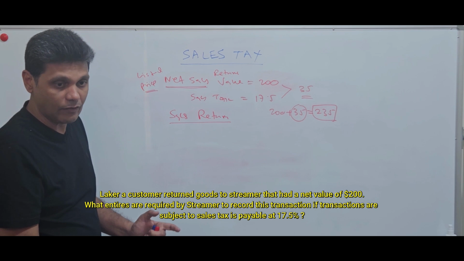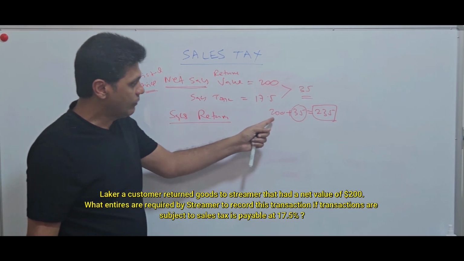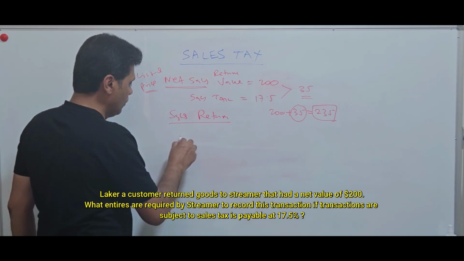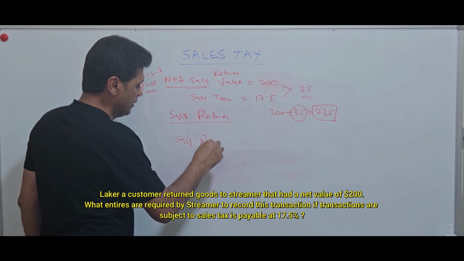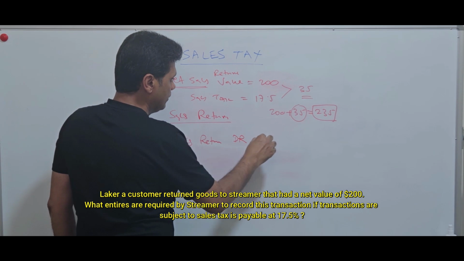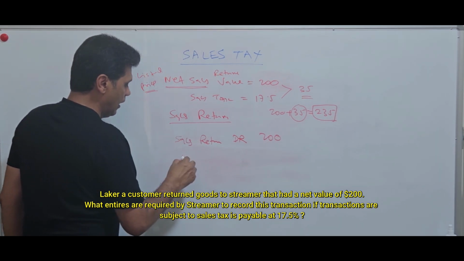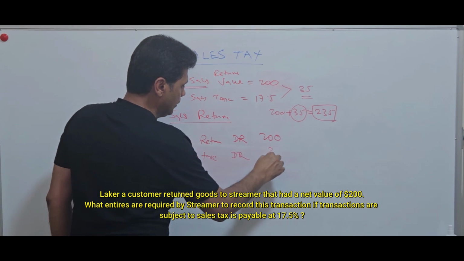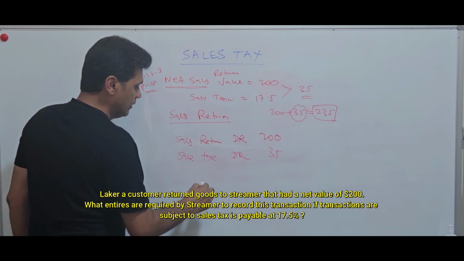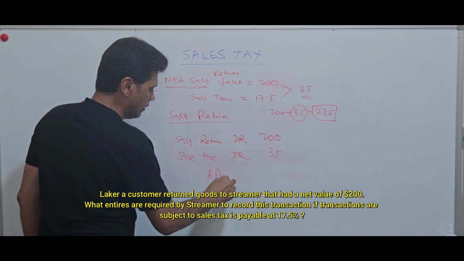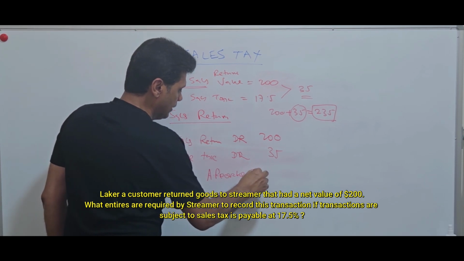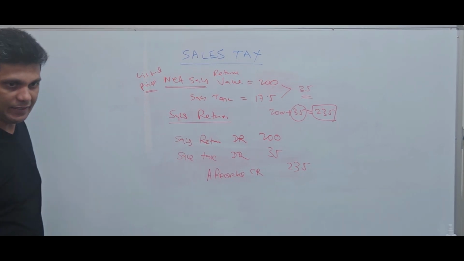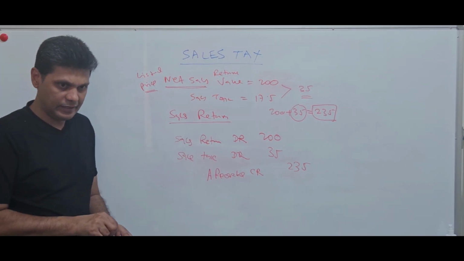Sales tax was credit, now it has to be debited. And likewise, this 200 is a sales return. So the sales return account should be debited with 200 and the sales tax account should be debited with 35, and accounts receivable should be credited with 235. Is that clear? Clear or doubt?